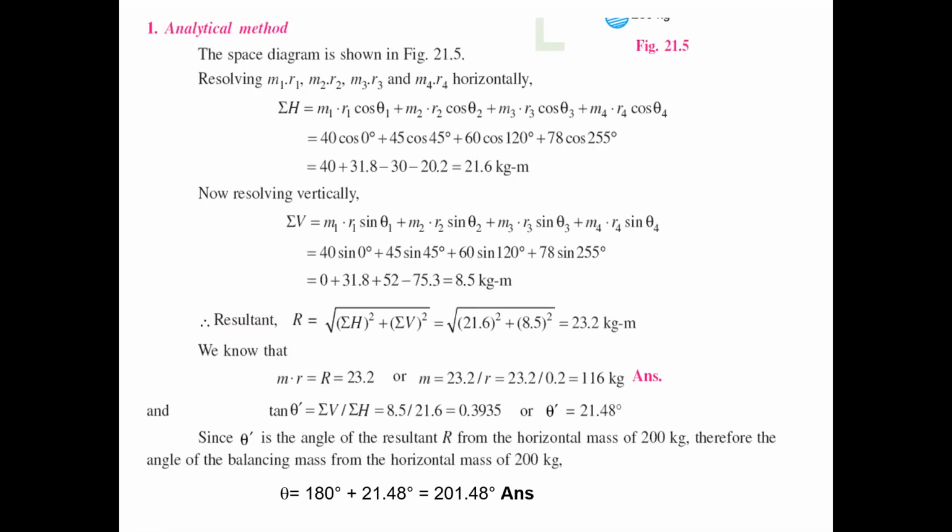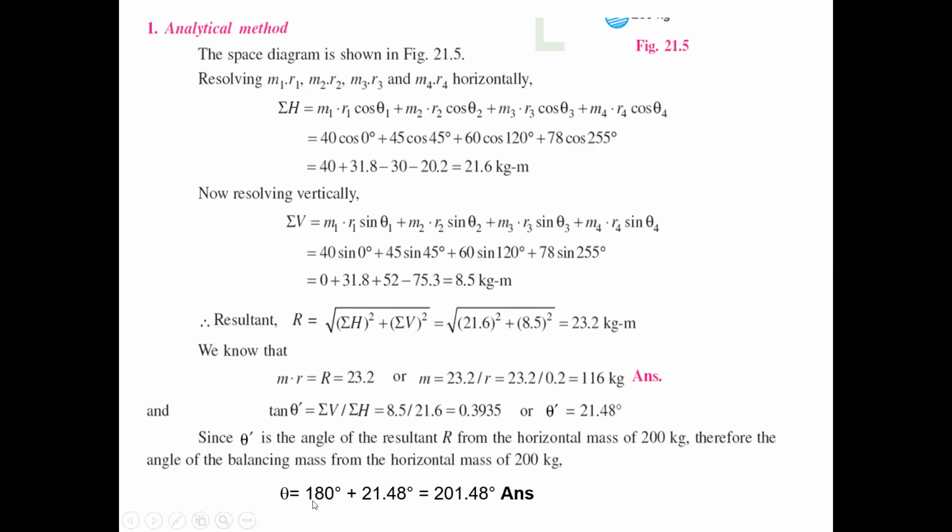Just observe that theta is the angle of the resultant R from the horizontal mass of 200 kg. Therefore, the angle of the balancing mass from the horizontal mass of 200 kg is theta equals 180 degrees plus 21.48 degrees. Why?